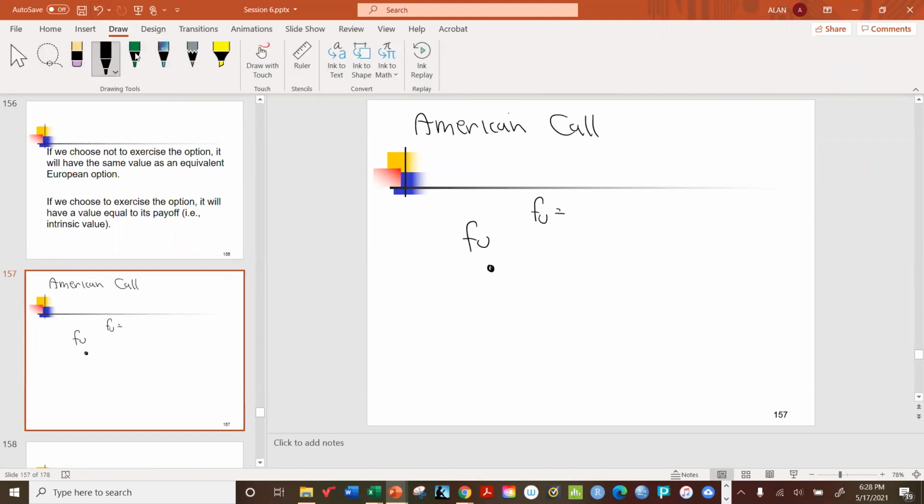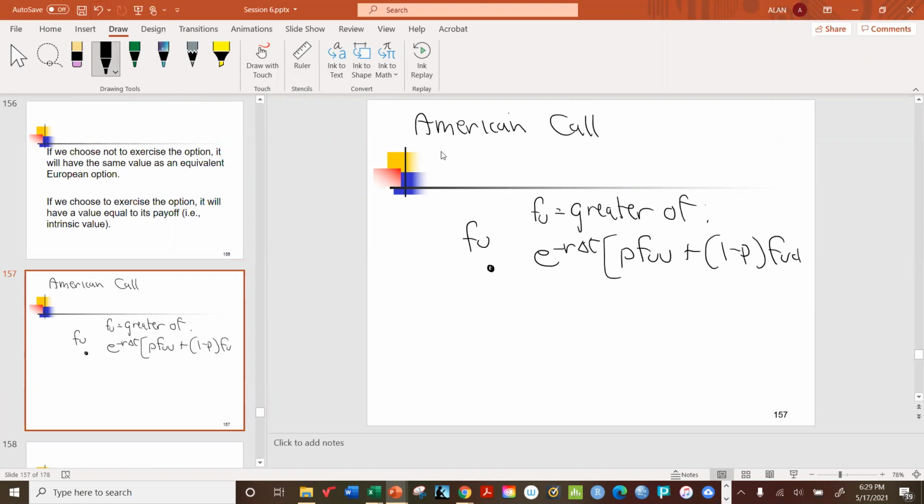If this was a European call, it would be equal to e to the minus r delta t, p times FUU plus 1 minus p times FUD. Okay, we've already seen that this is the value of the option if it is European. In other words, the value if not exercised.